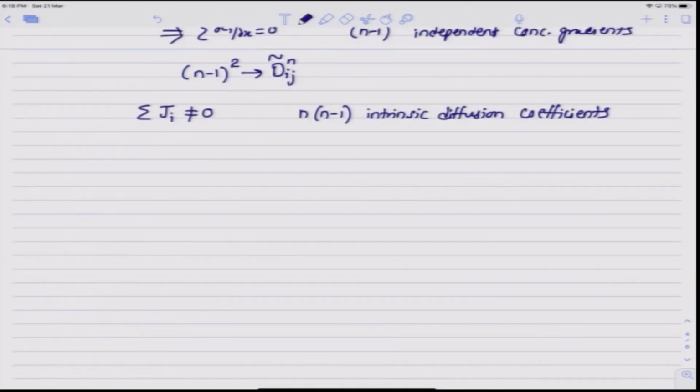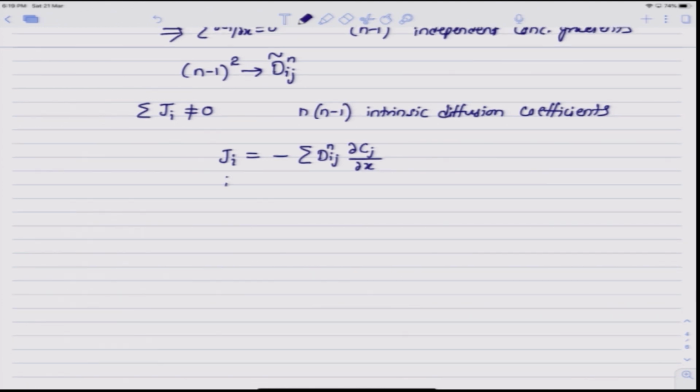And we can write J_i as minus D_ij n, again treating one concentration gradient as dependent, dou C_j by dou x. So n minus 1 terms for each flux, and there will be n such fluxes. So there will be n times (n minus 1) intrinsic diffusion coefficients.